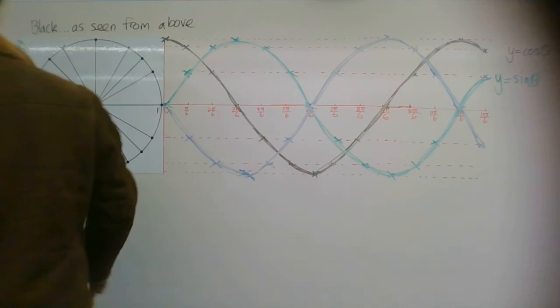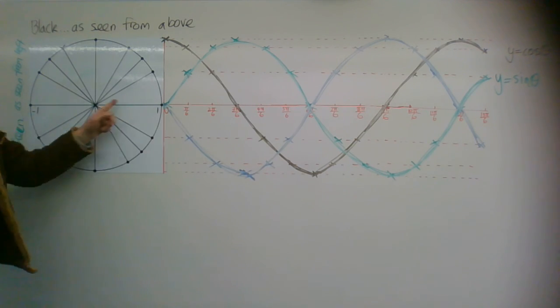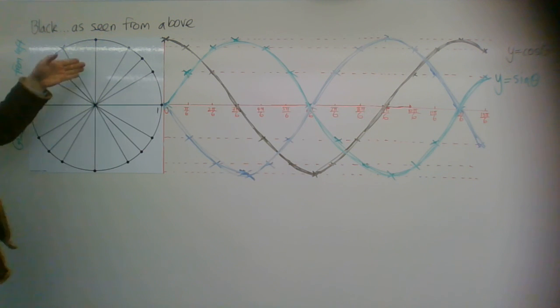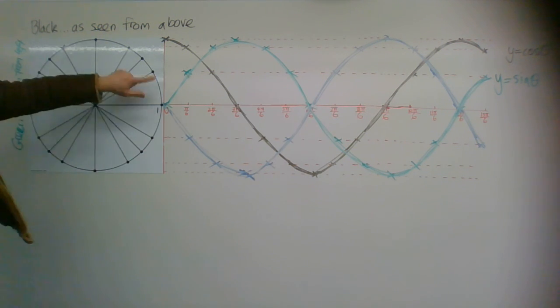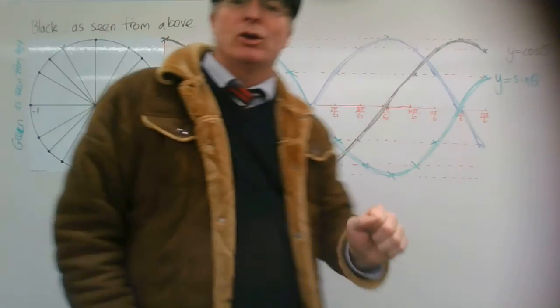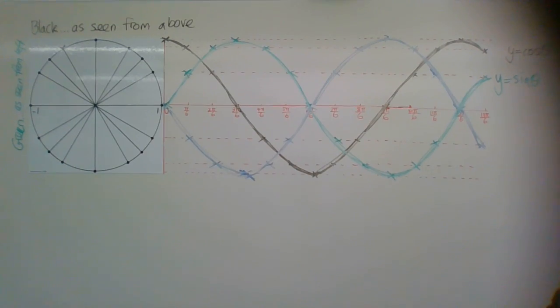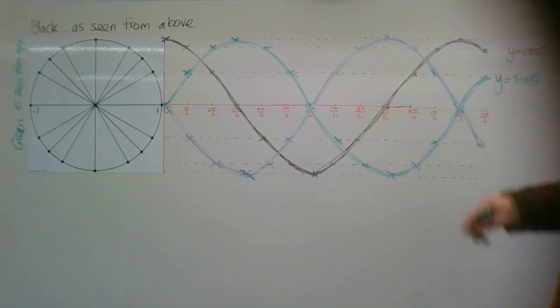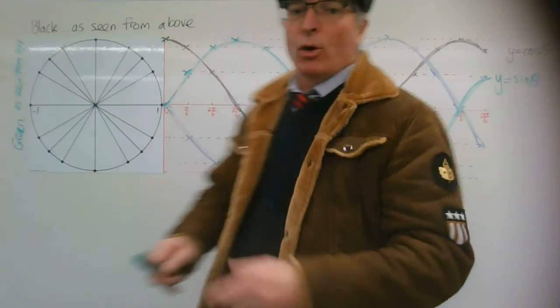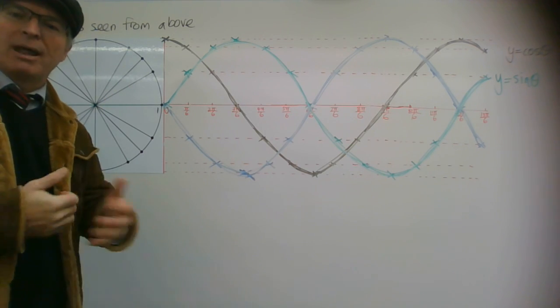So you can describe motion horizontally or vertically of this particle that's travelling around at a constant speed. You can describe it by a wave, depending on which one you want to use, but it's a cyclical wave, and therefore you're going to call it harmonic motion, and we call it simple harmonic motion.